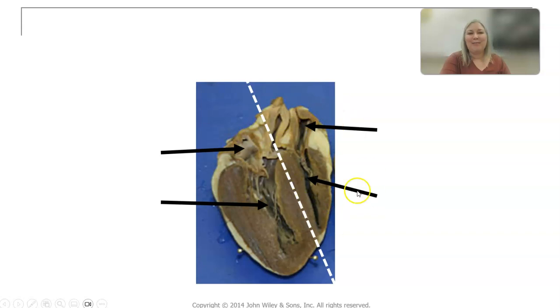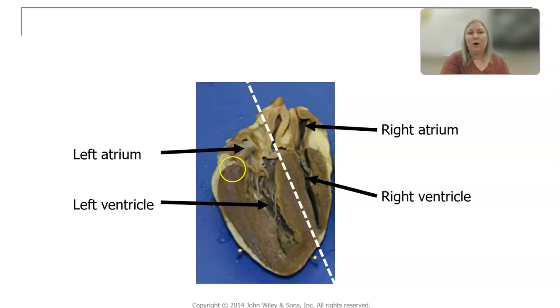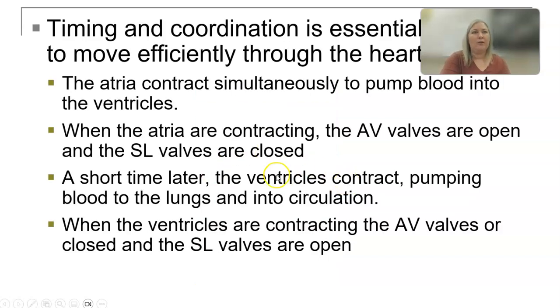So this side of our model is the right side, and this side of our model is the left side. So it's a little bit backwards of what you may think, because this has been sliced at a frontal section, and then we're looking at that front or anterior portion of it. And so always look for the thickness of that myocardium, and the left side is always going to be thicker.